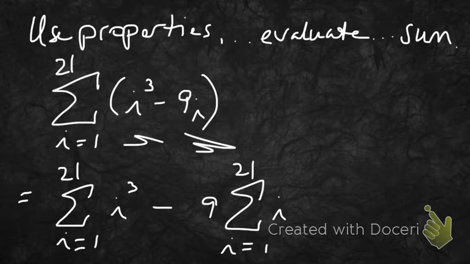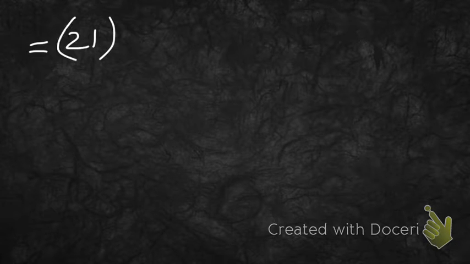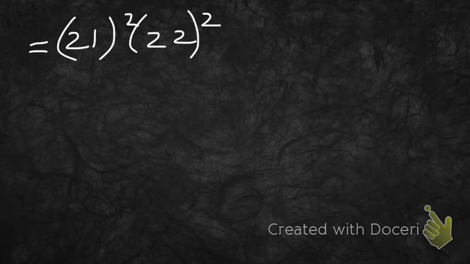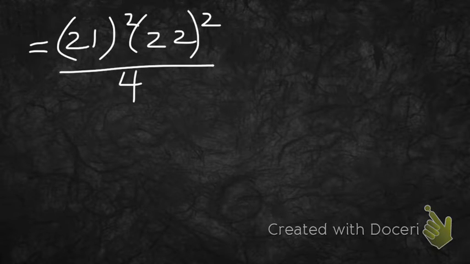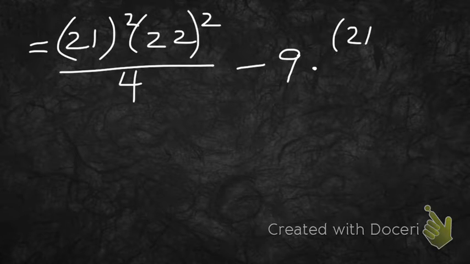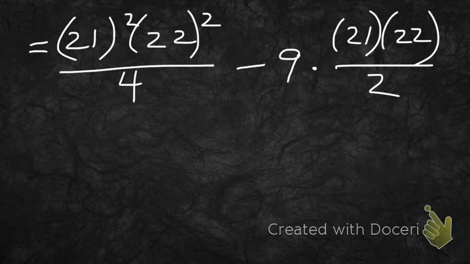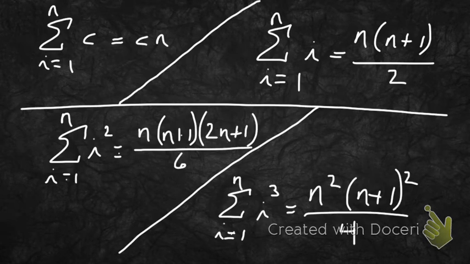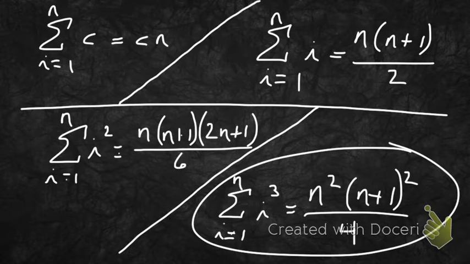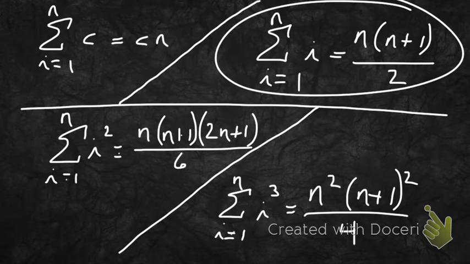If we use those two formulas, what we have is 21 squared times 21 plus 1, or 22 squared, all over 4. We'll take away 9 times 21 times 21 plus 1, all over 2. Notice where I got those formulas, again, for the i cubed and the i.